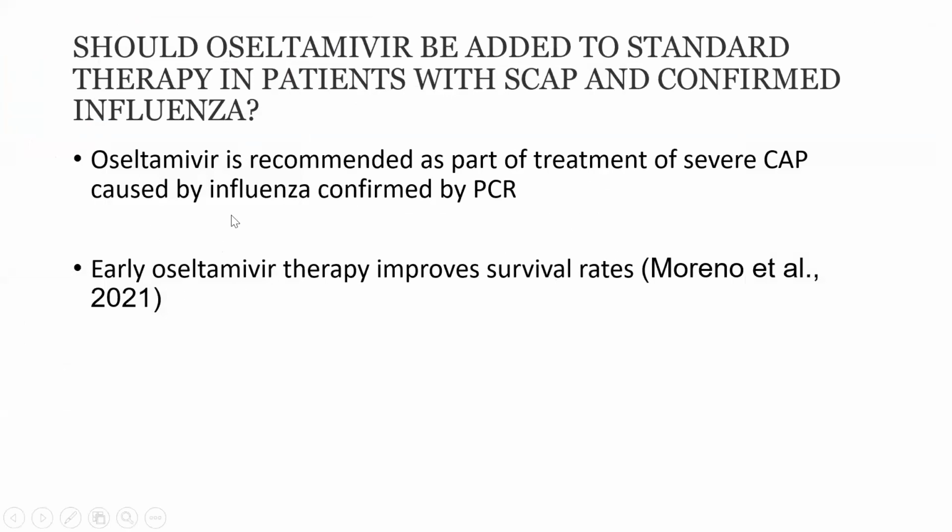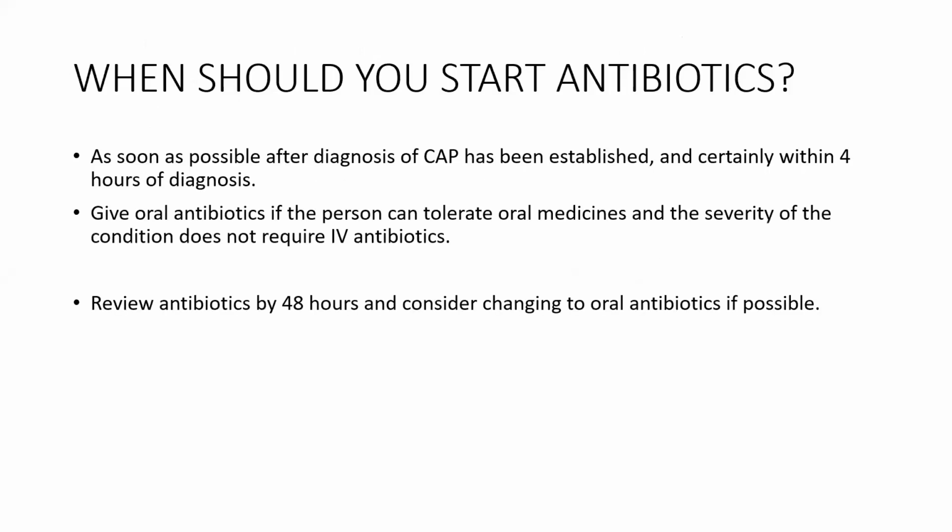Locally, one of the biggest challenges is availability of oseltamivir and the cost. But there is moderate evidence that it improves survival rates. So for patients where there is confirmatory PCR, there is evidence for a better outcome with this therapy.